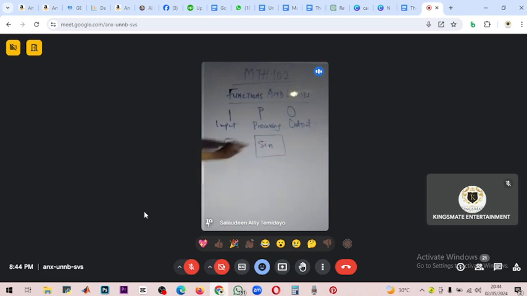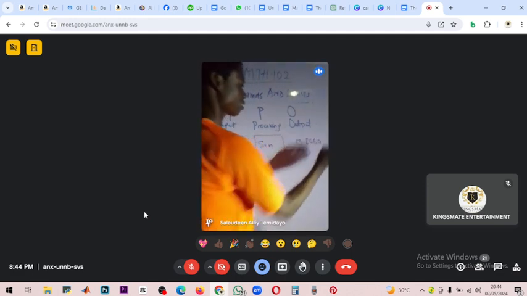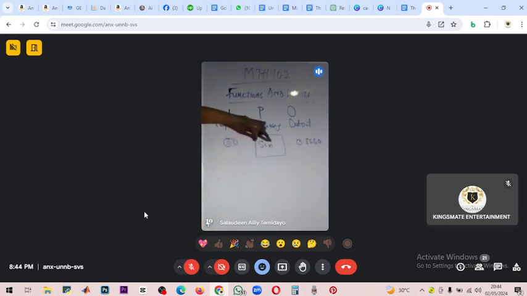By the time I input 60 into the function box, what is going to be the output? That is sine 60. That's going to give me 0.8660. So sine is the function, this is the input, and the output is right here.